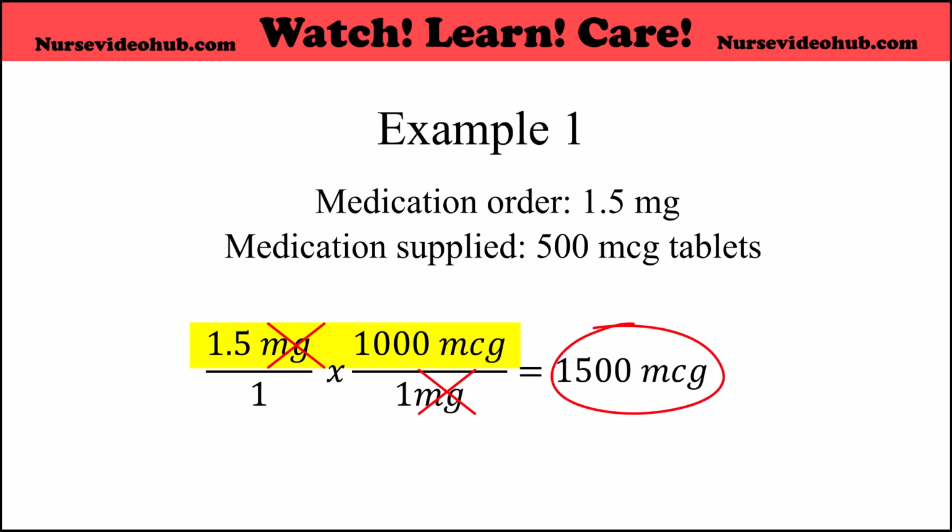Now you can calculate how many 500 microgram tablets to administer for the dose of 1,500 micrograms. And always check your work. Does the answer make sense? If 1 milligram equals 1,000 micrograms, then 1.5 milligrams must be 1.5 times 1,000 micrograms. Your answer should be logical and mathematically sound.